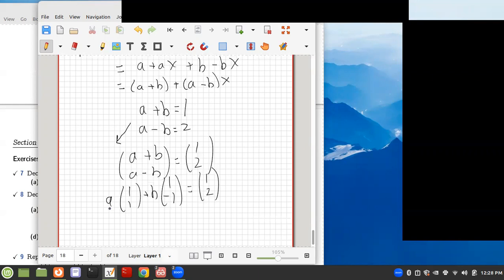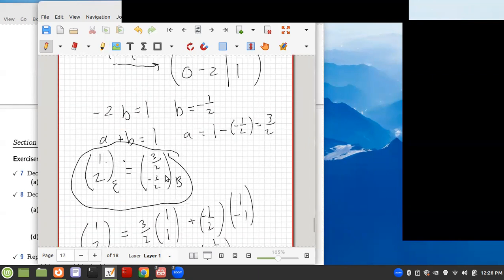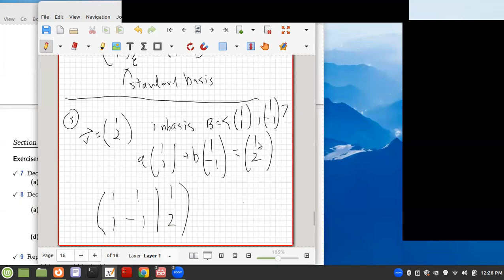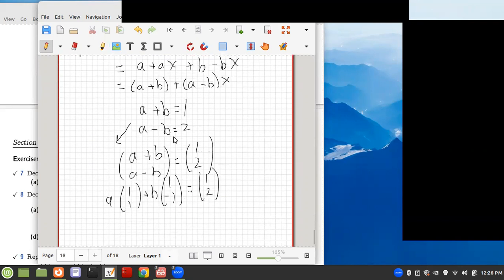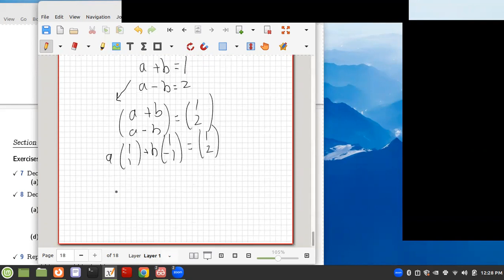This was the equation we solved in the previous example. So we already know the answer: a equals 3/2 and b equals minus 1/2, and just by plugging in, you can see that, okay?